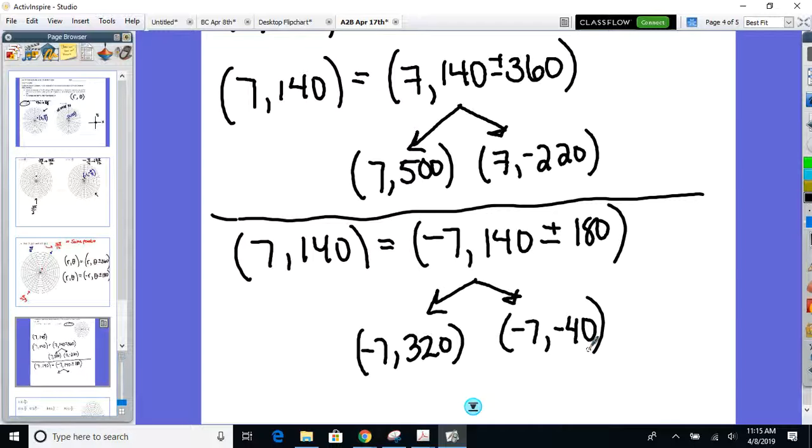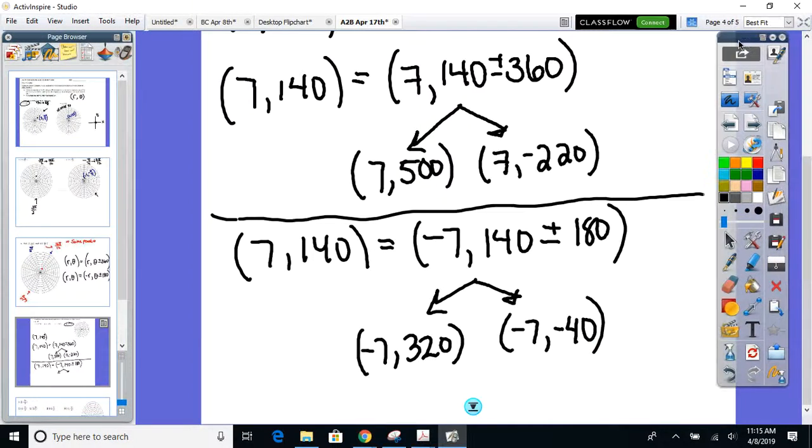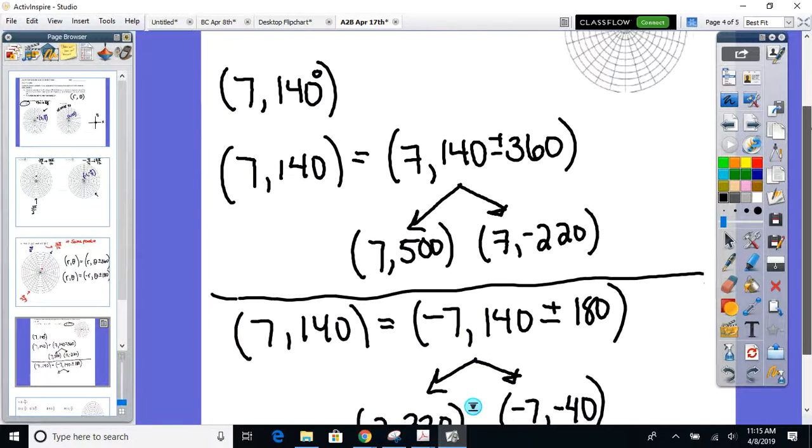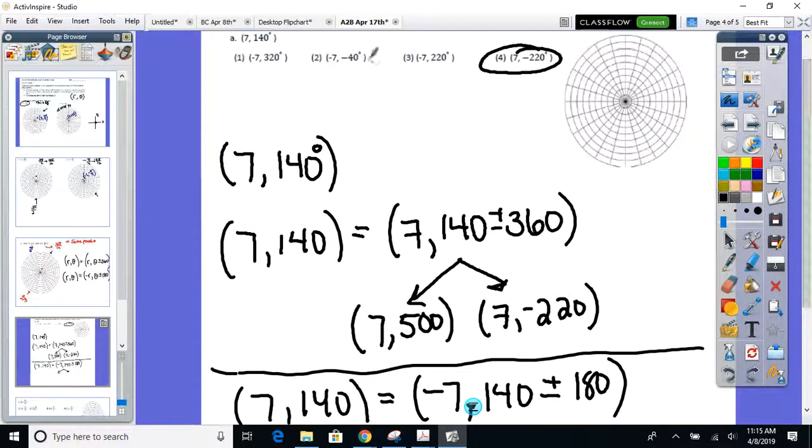They're the exact same point, all 5 of those. All right, but only a couple are my choices, though, which are what? Negative 7, negative 40 is up there, and so is negative 7, 320. So those 3 out of the 4 would be the same point if I graphed it. We okay there, making that clear?